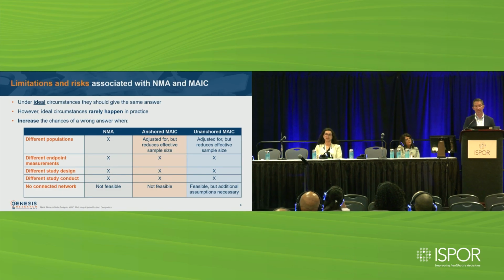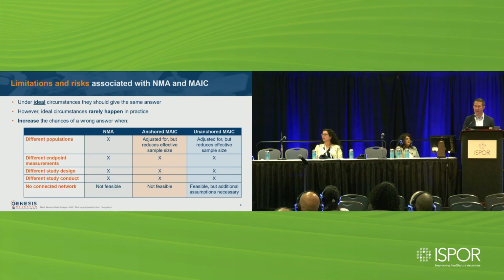I do want to point out that for anchored MAIC and unanchored MAIC, because we conduct adjustment in those scenarios, we are able to somewhat attenuate that risk of increasing error, but only under certain circumstances. So for unanchored MAIC, there's a very strong assumption that you have measured all possible treatment effect modifiers and prognostic factors that could impact the treatment effect estimates.